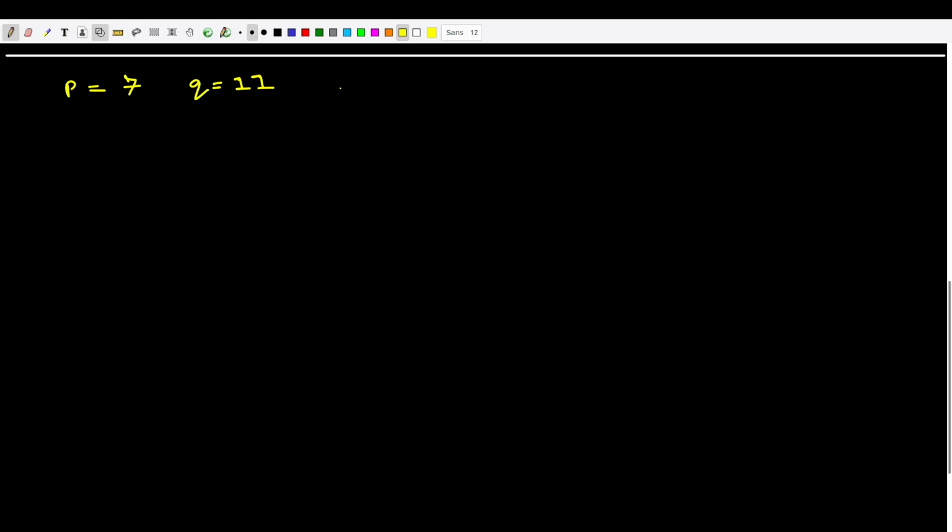Since p and q are these, n, which is equal to p into q, is 7 into 11, so n equals 77. Okay, and let us choose an e which satisfies the properties e should have. So let us say e is equal to 13.